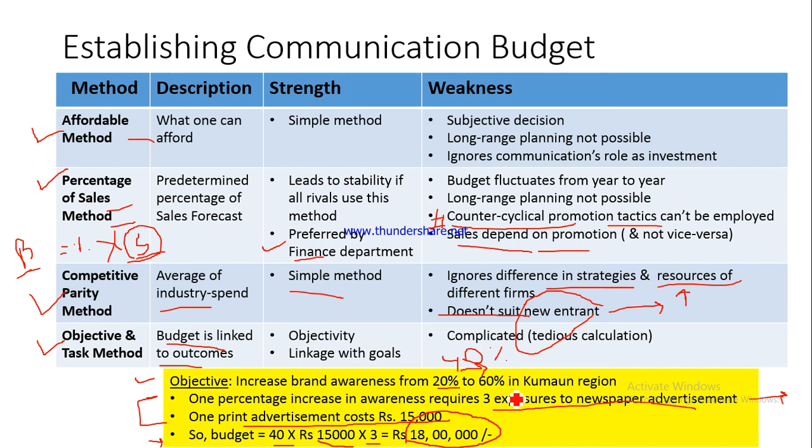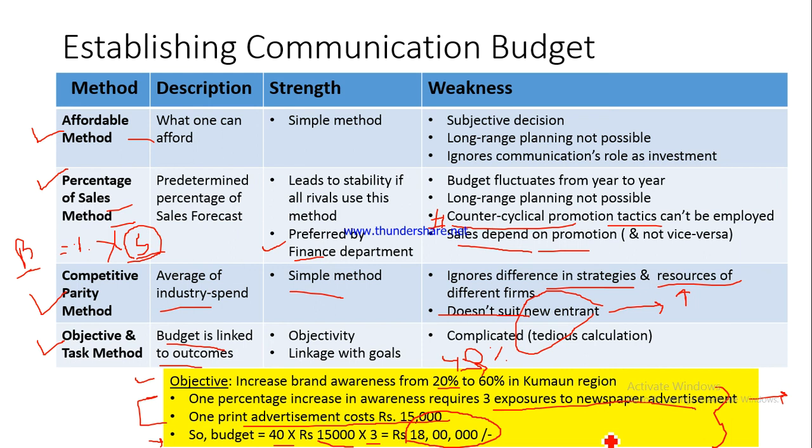So there are so many things that you will do, but whatever you do, you will make use of this approach and then calculate the budget, right? Here I have only talked about newspaper advertisement, but for all the things that you do to promote your product, you will have to do this calculation, and this way you will be able to calculate the overall communication expenditure, the overall budget for your communication campaigns.